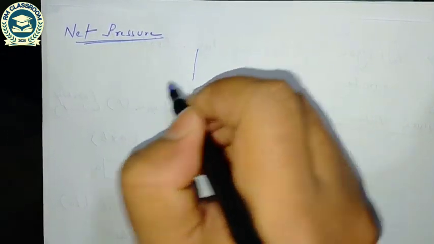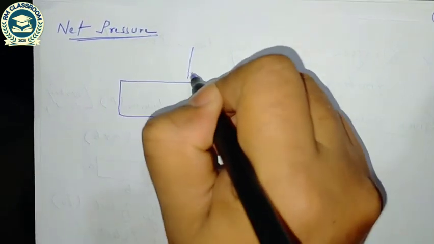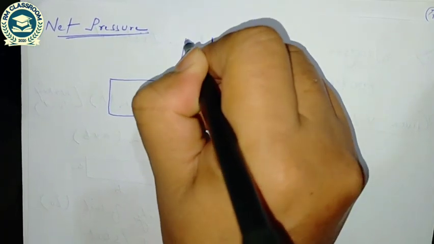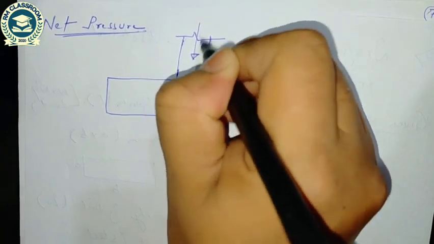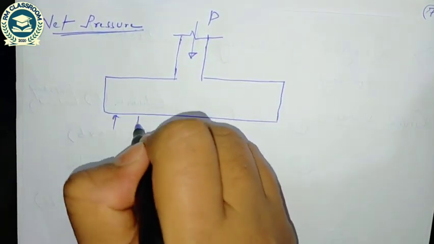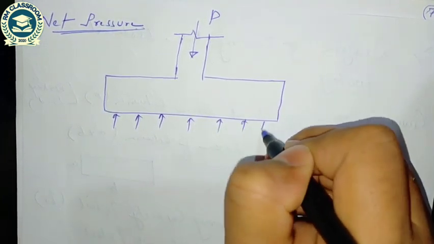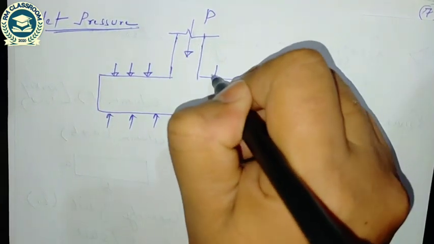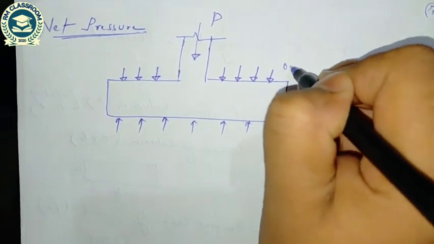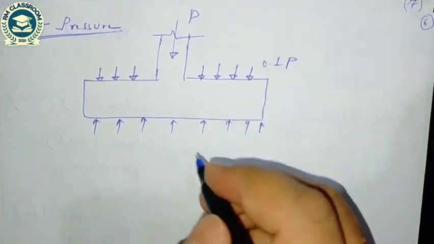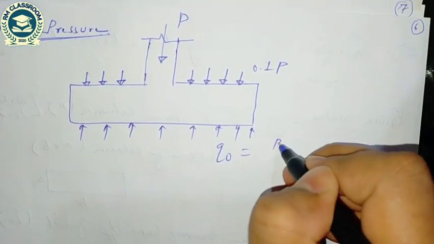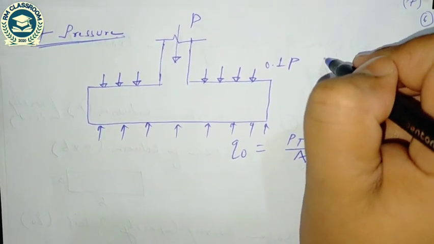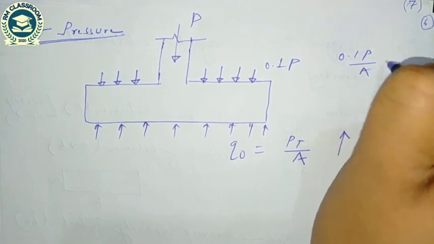If I draw a footing, this is the column load P, and the self weight of the column is 0.1 P. Here the shape bearing capacity can be written as PT by A in this direction, and 0.1 P by A in this direction.